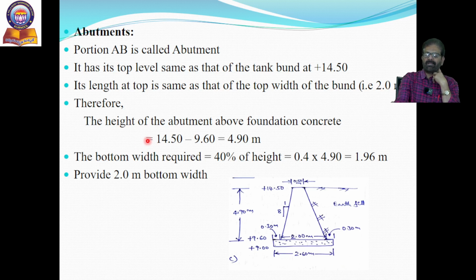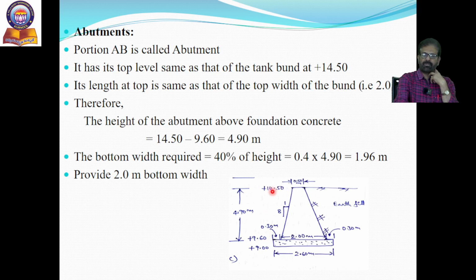How to determine the height? Simply the level difference between the top and bottom. As per the existing conditions, the height of the abutment above the foundation concrete is given as top level plus 14.5, that is the tank bund top level. According to the available foundation, the top of the foundation concrete is calculated earlier as 9.6 meters.